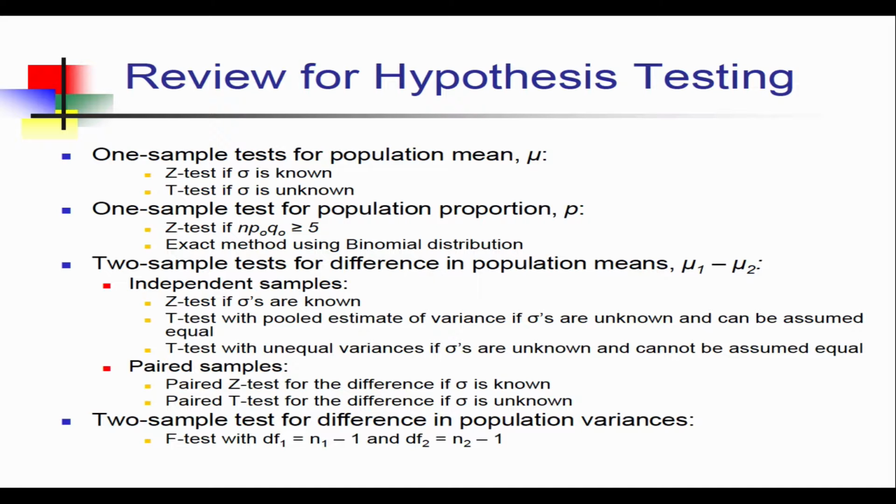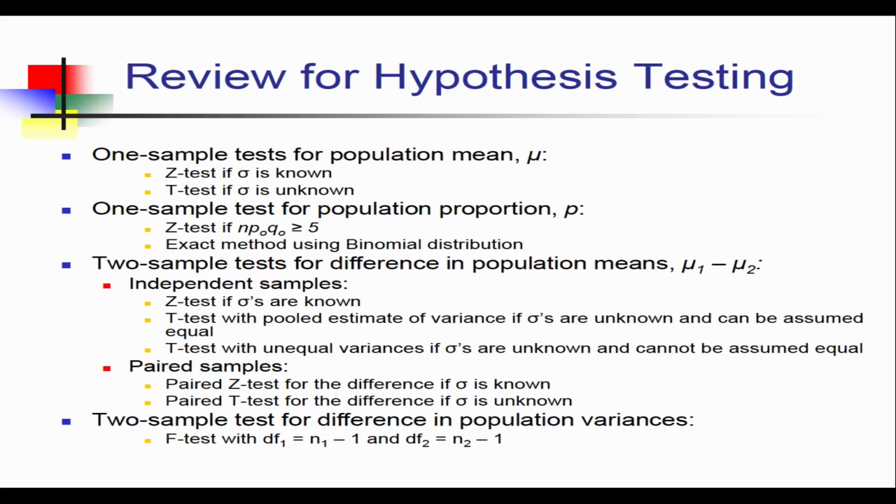Here, before I move on to the ANOVA, this is just a review of all the hypothesis tests we have covered today and in the last lectures. We talked about the one sample test for population mean, mu. Whenever the population standard deviation sigma is known, we use the z-test.